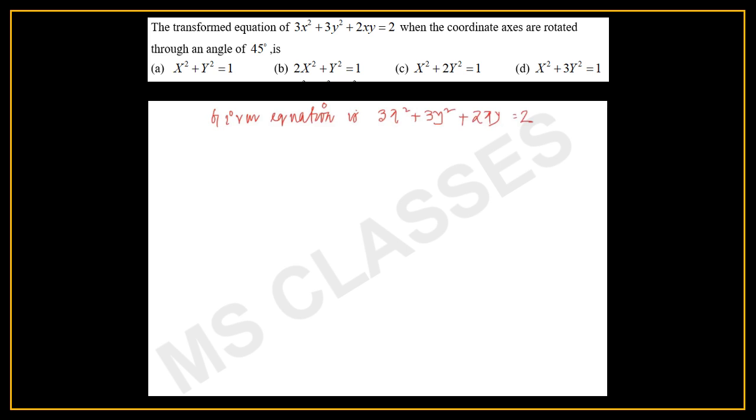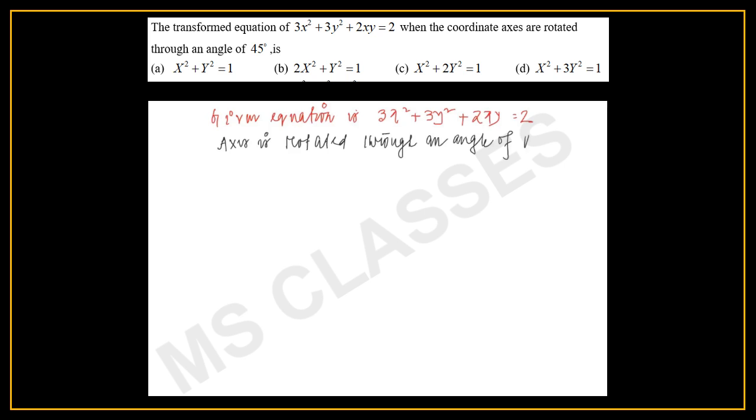Now the system of axes, the coordinate system, has been rotated through an angle of 45. The axis is rotated through an angle of 45.